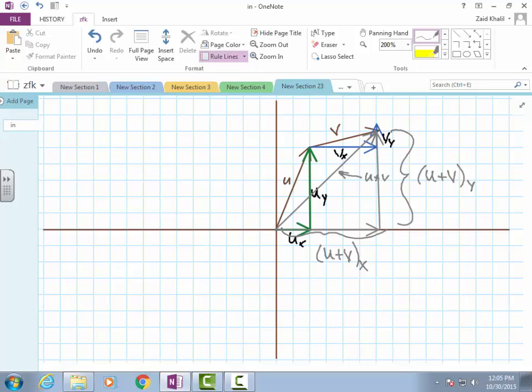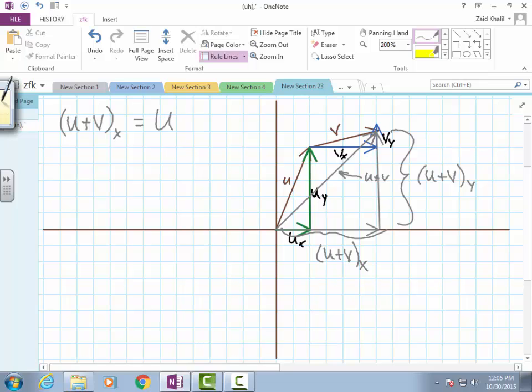And what do you notice about u plus v in the x direction? What is it equal to? U of x plus v of x. And similarly, what is u plus v in the y direction equal to?